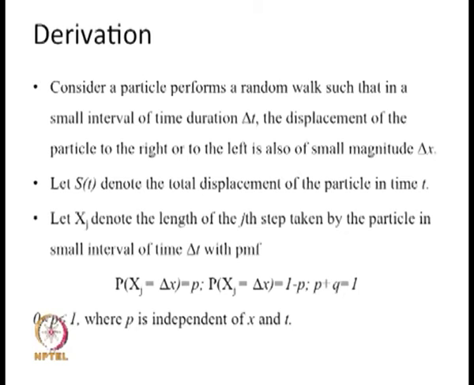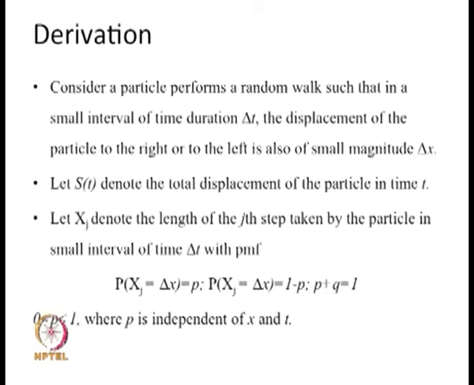Let xj denote the length of the jth step taken by the particle in a small interval of time delta t with the probability mass function. So the probability that xj takes the displacement of the particle to the right side, that is delta x, is p, and to the left side, that is xj takes the value minus delta x, is 1 minus p, that is q, where p plus q is equal to 1, where p is independent of x as well as time.